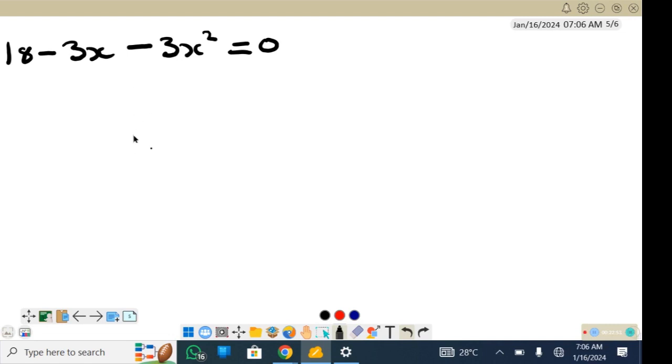You can solve this problem like this, or you can change everything here by multiplying all through by minus 1 or dividing all through by minus 1. If you do that, this equation is going to change as 3s squared plus 3s minus 18 equal to 0.